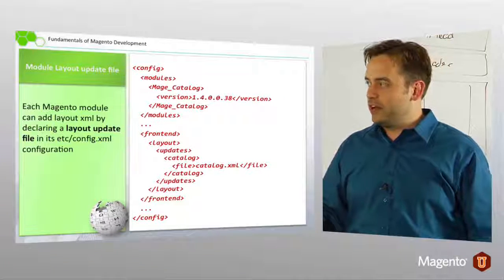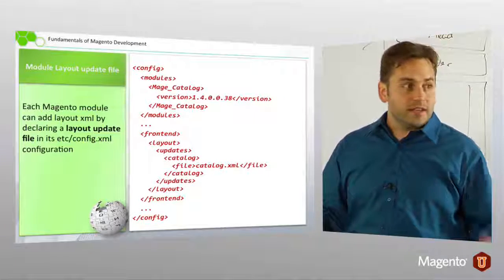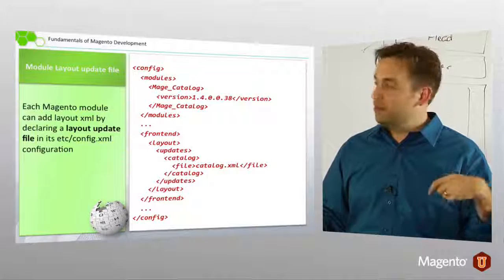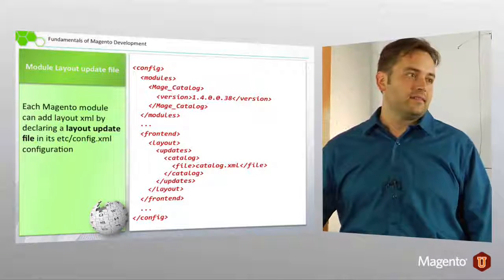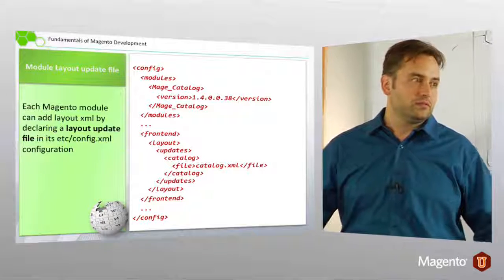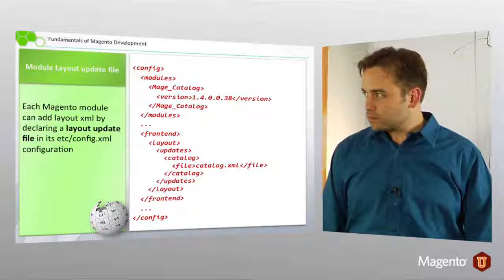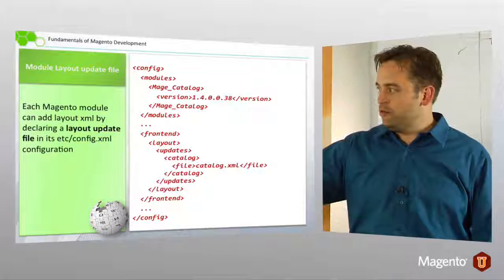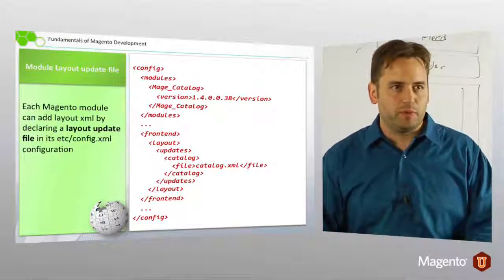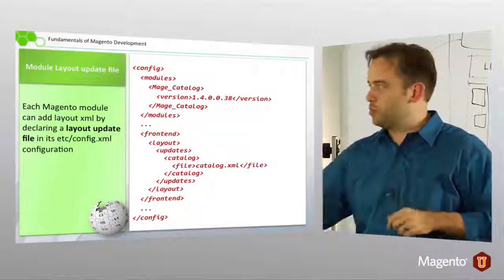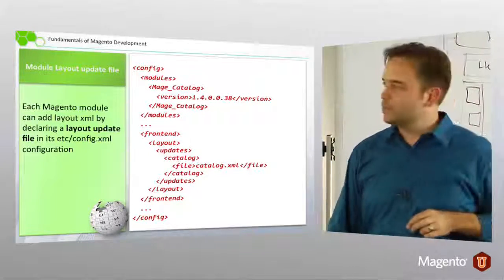Inside of front-end layout updates, we simply have a unique node, and then inside that a file node, and then this is just a path and a file. Okay? If I had foo/catalog.xml, then in layout folders, I would expect to see a foo folder which would contain catalog.xml.